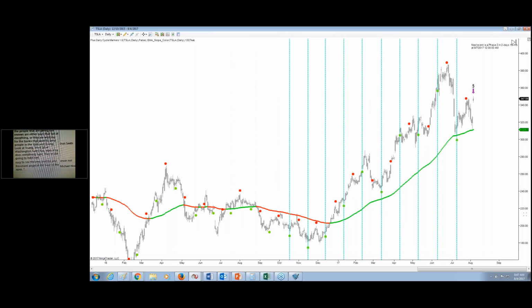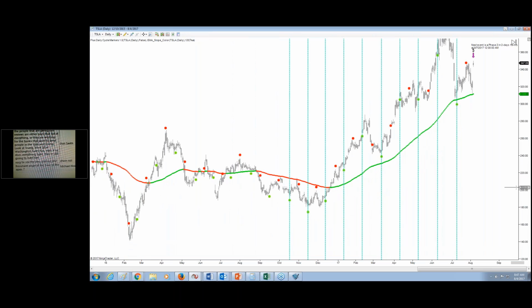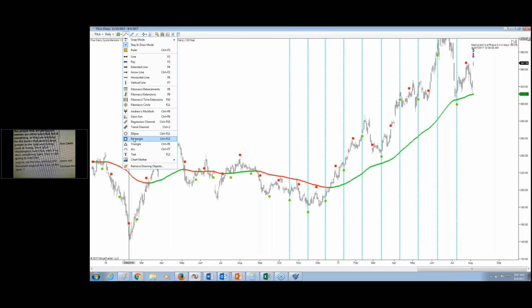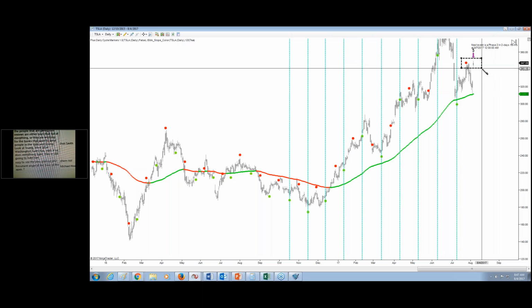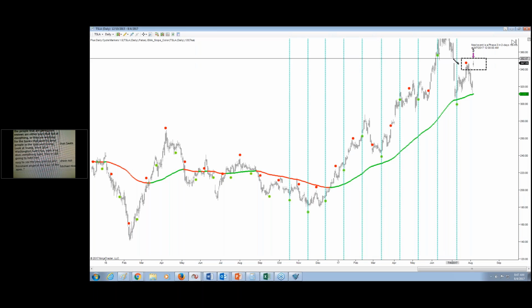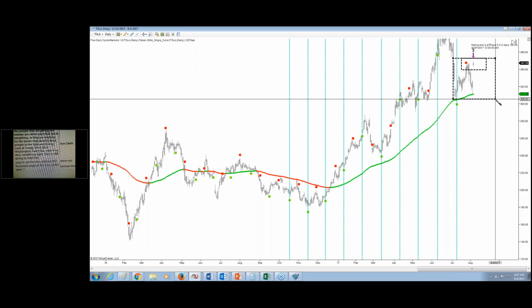One of the things I'm looking for is what happens when the phase 2 comes in at the high of a previous phase 4, meaning are there any instances where this is happening in the past?